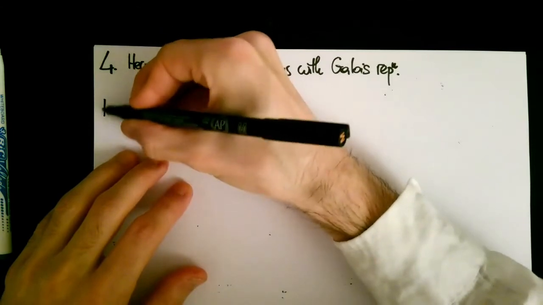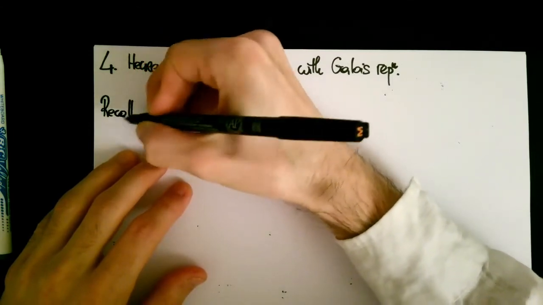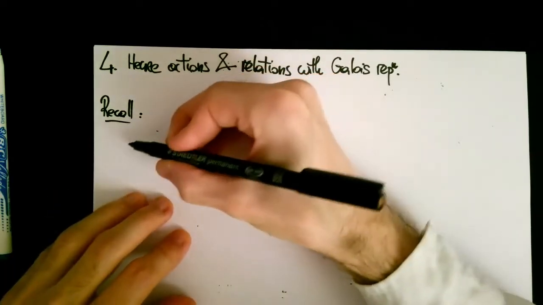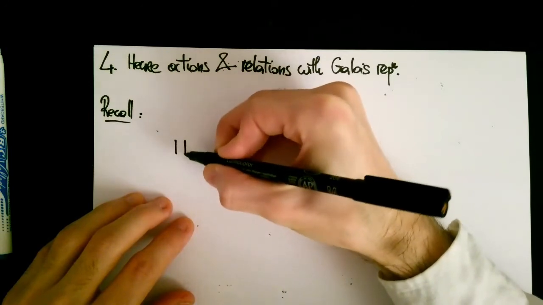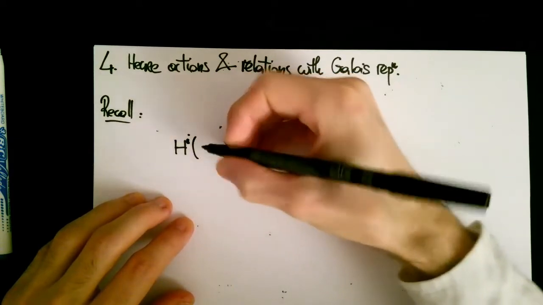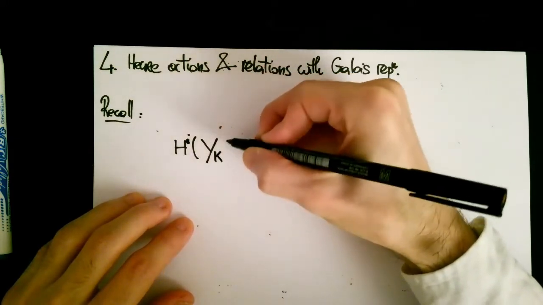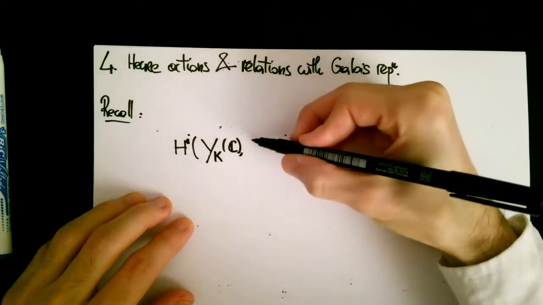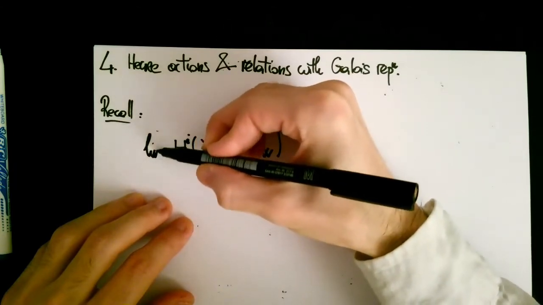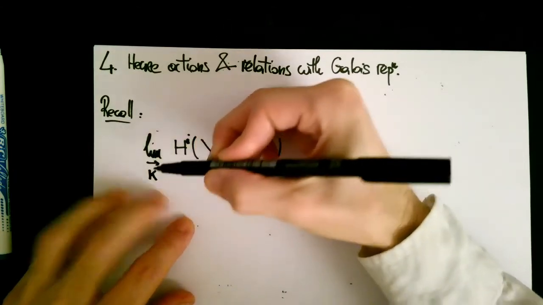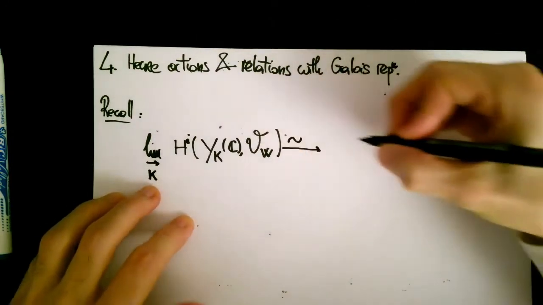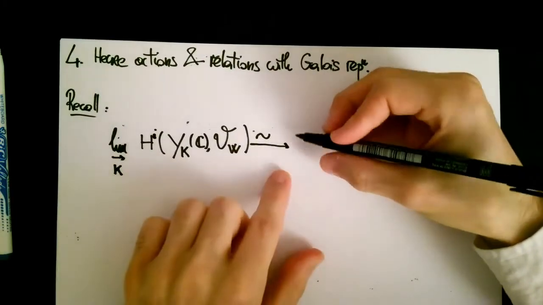So recall that by Franke's theorem, if we consider the classical cohomology, Hi, here I consider Y_K with complex coefficients in the local system, W. I take the limit over all finite adelic points. Well, this is isomorphic to the (g∞, K∞)-cohomology.